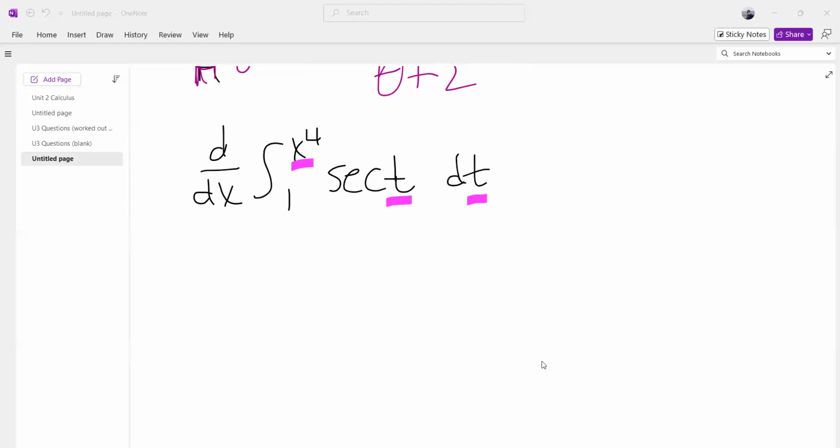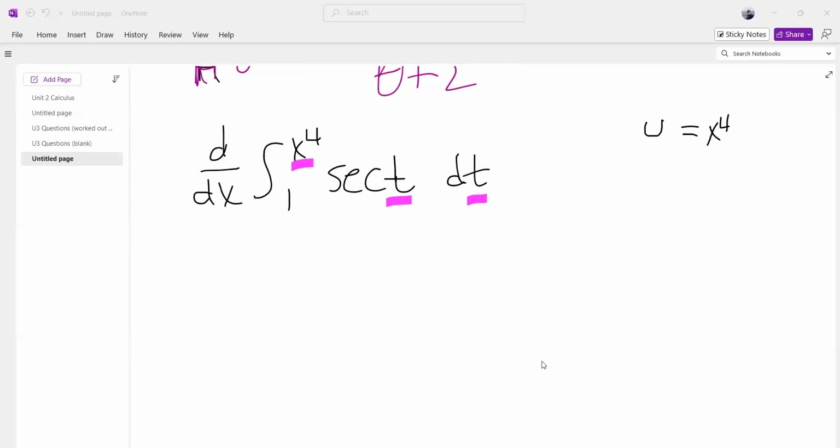It's not called substitution, because we are going to learn actual substitution later, but this is a method where essentially we're cleaning up our work. We're just going to replace something that's long with a simple letter. Commonly what people use is u. Sometimes you might use theta, but I'm just going to use u. So we're going to say u equals x to the fourth.